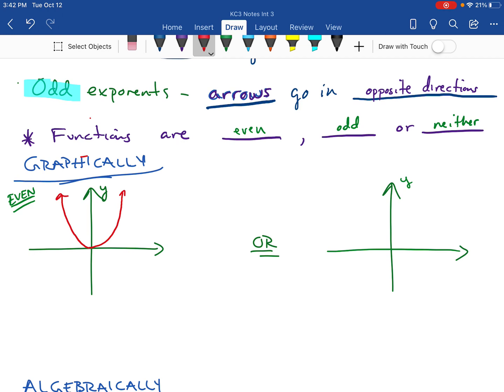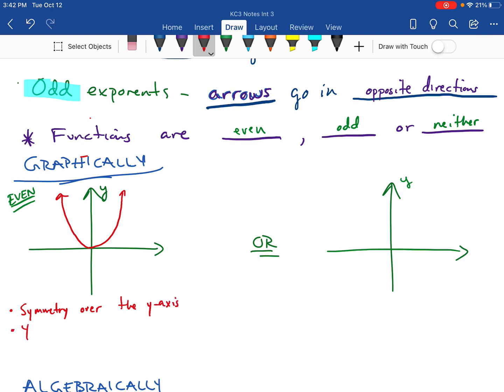So this is, again, the function f of x is equal to x squared. So notice the symmetry. That is what you're looking for in an even function. You're looking for it to be symmetrical, or the symmetry over the y-axis.